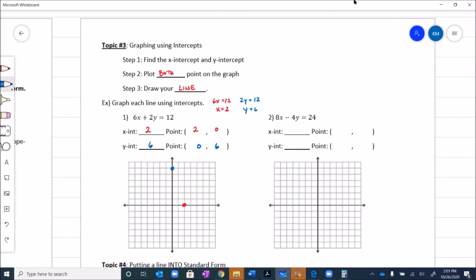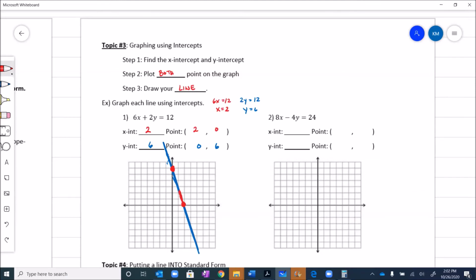And so then as I am graphing these, I try to connect these. All right, there's my line. And the important part is that the line goes through my 2 points, the x and y.